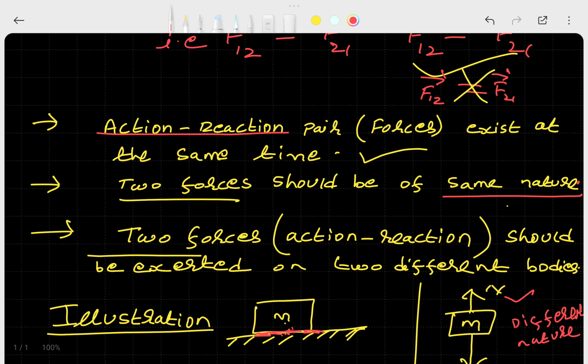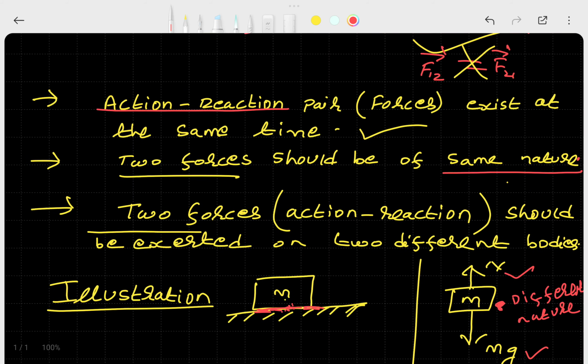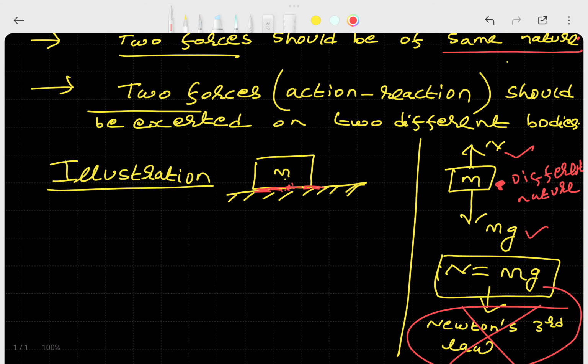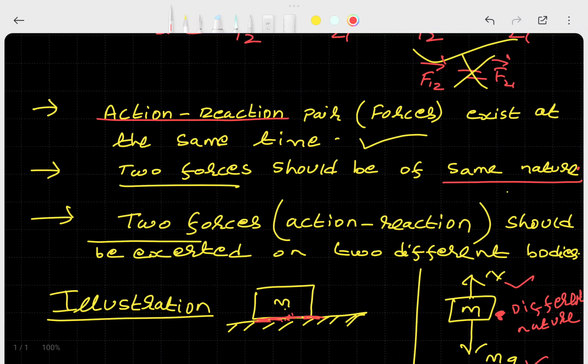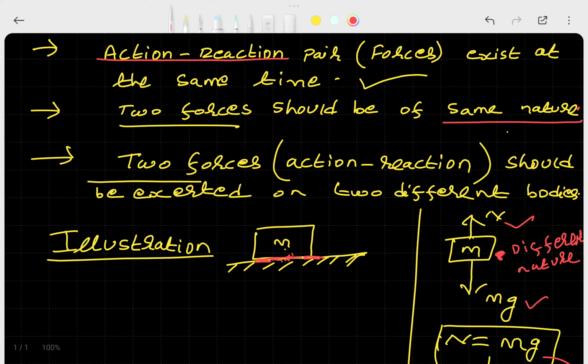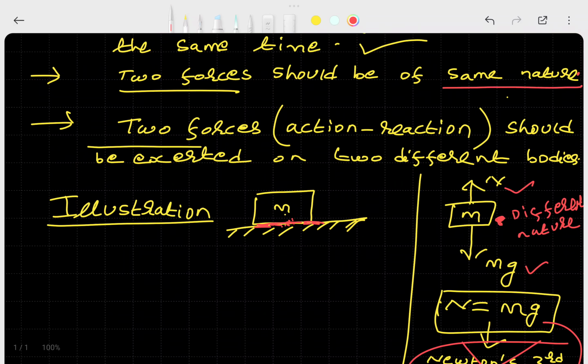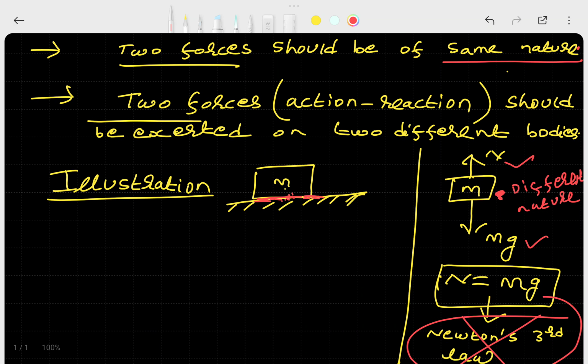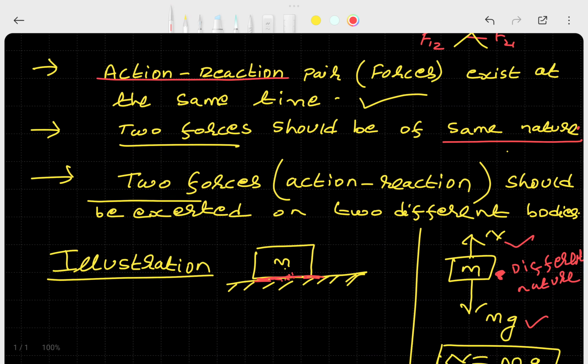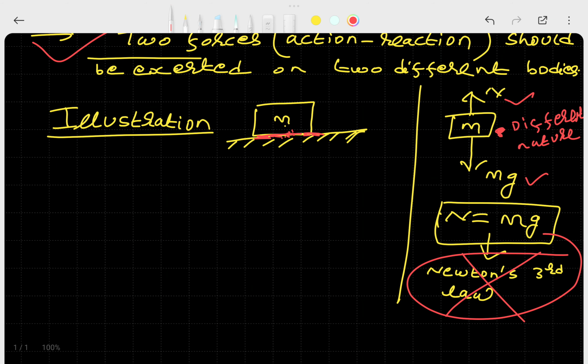And one more thing: two forces should be exerted on two different bodies, but here both are on the same body. So these three conditions should be satisfied in order to apply Newton's third law. Most of the students will do it like this.